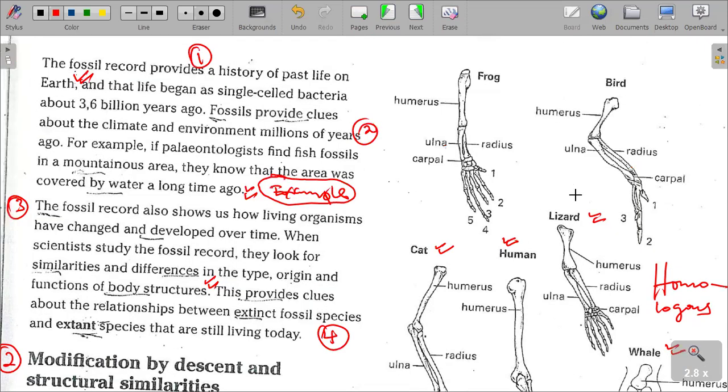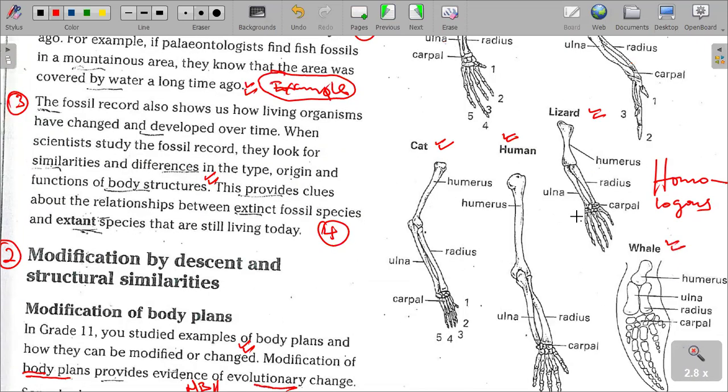They show there is a similarity, which means they evolved from a similar ancestor. I can give a quick analysis with the cat, human, lizard, and also the whale. I can mark the structure of the humerus, which is there, and also on the lizard.